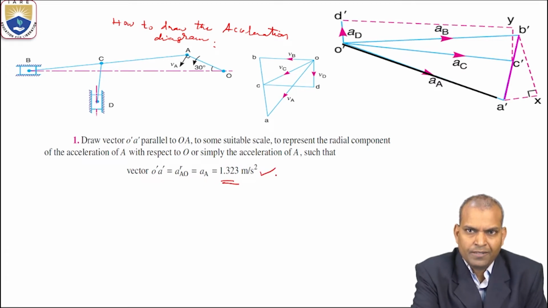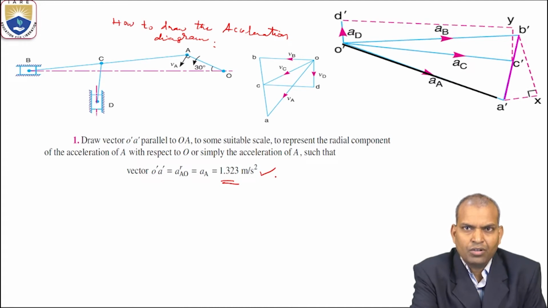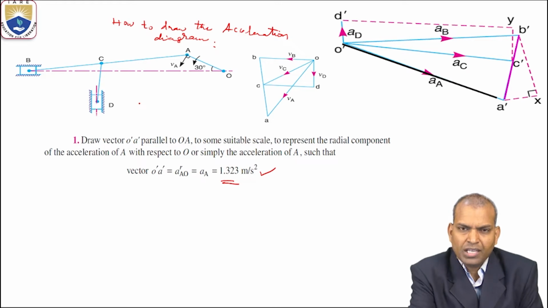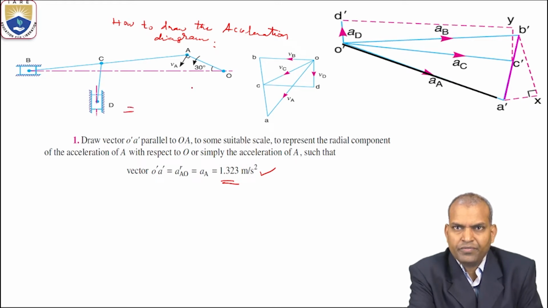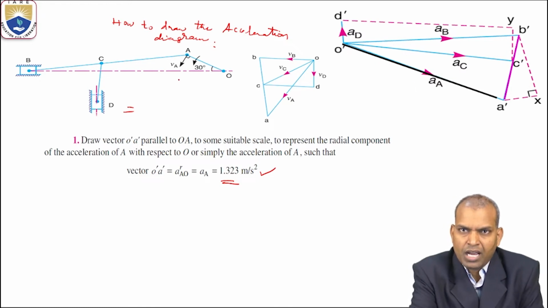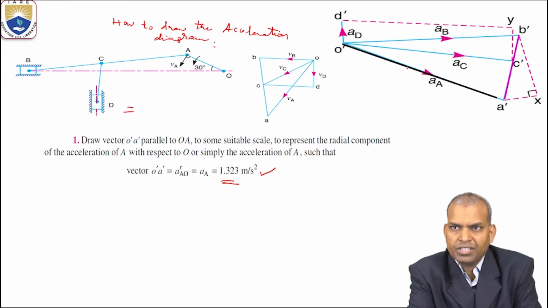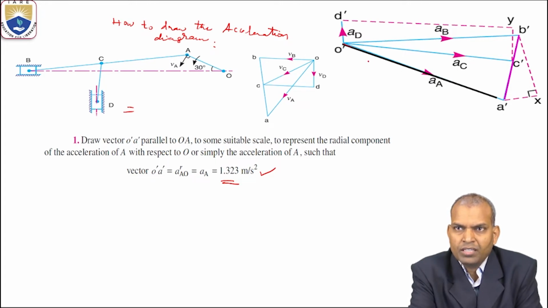Draw a vector line in the radial direction of link OA, related to the configuration diagram or space diagram. This is the configuration, and with this you draw link OA, which is moving in the anti-clockwise direction. This is the first step.